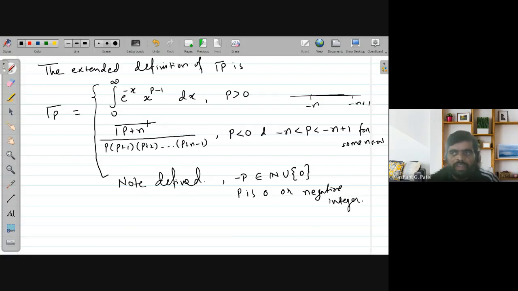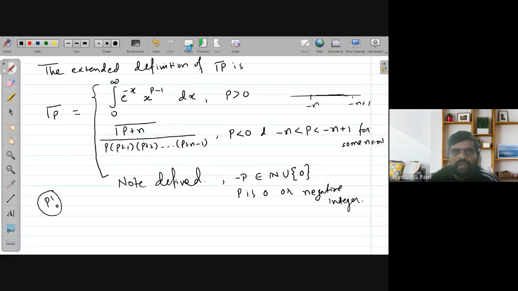If p is a negative number that is not a negative integer, then we can define it like this.